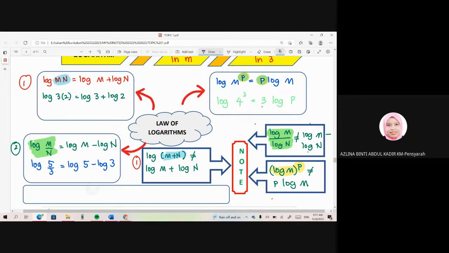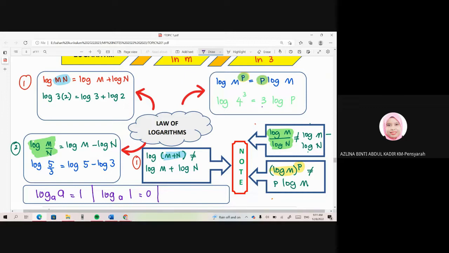Okay, and then also take note for this one, log a base a is equals to 1, or log 2 base 2 is also equals to 1. Then log 1 for any base is equals to 0.